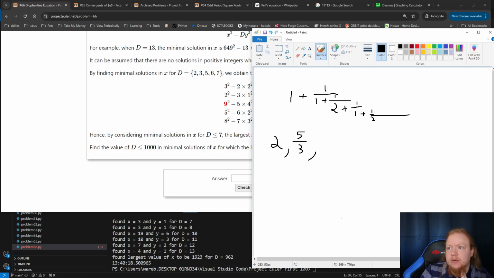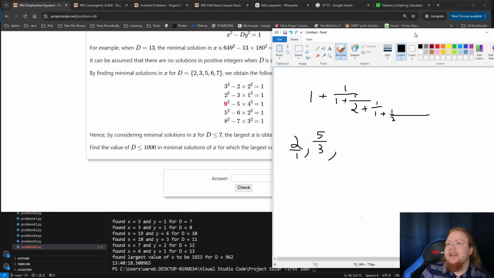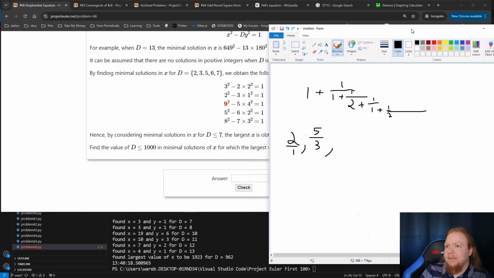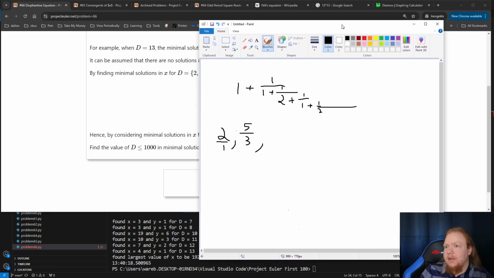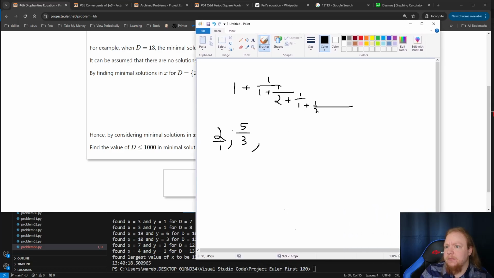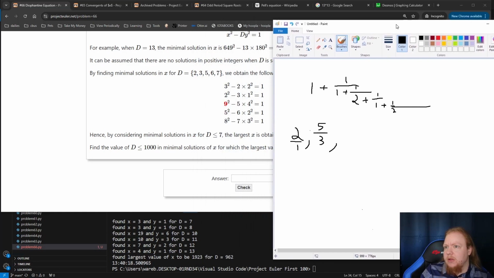Because it becomes 2 over... This is actually 2 over 1, and that first convergent fraction is, in fact, the correct answer. Let's just keep going a little bit.